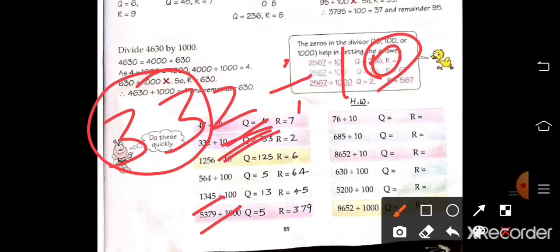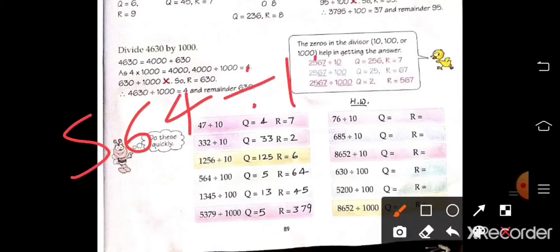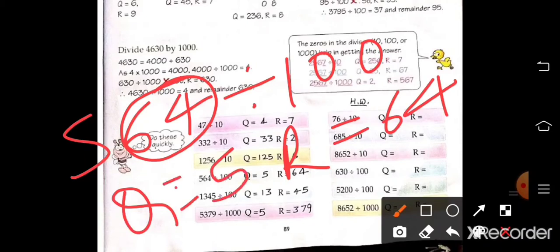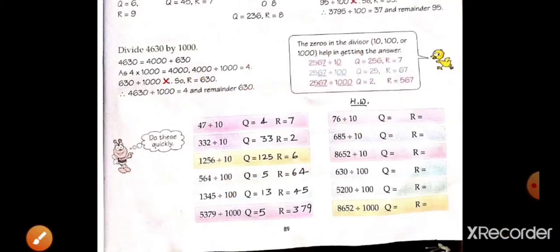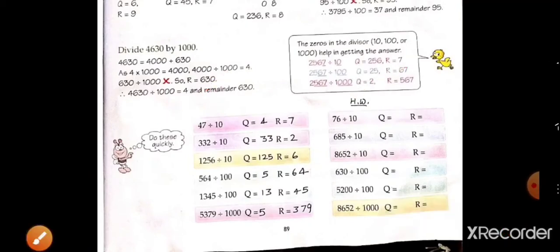So last digit is remainder, only 1. Okay, now look, 564 divided by 100. So 2 zeros. So last 2 digits are remainder and quotient is 5. Okay, so like this you have to do this, and this is your homework.